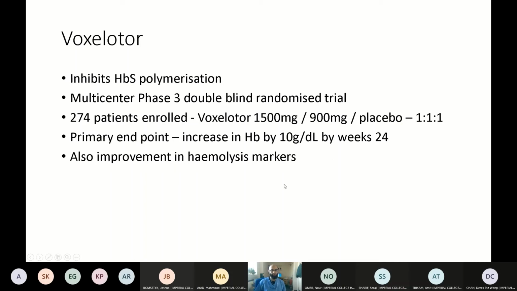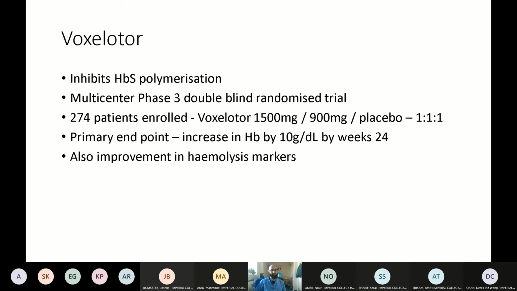We've also been involved in these studies with voxelotor at our centre, and we've seen a lot of patients who've increased their hemoglobin level quite significantly, well above the endpoint in the study, and a fair proportion of the patients have had a good clinical benefit in conjunction with the increased hemoglobin level.